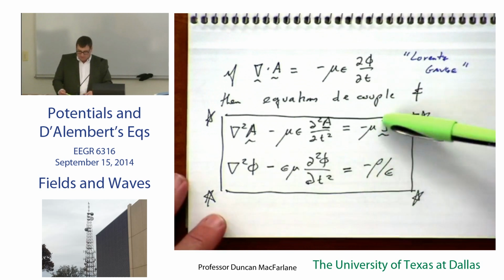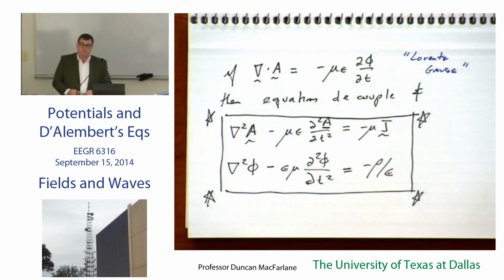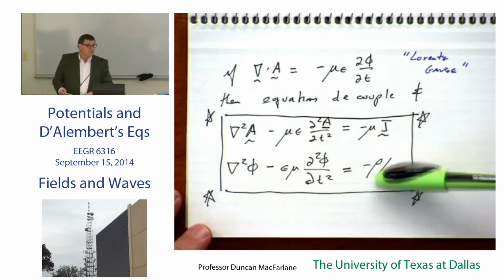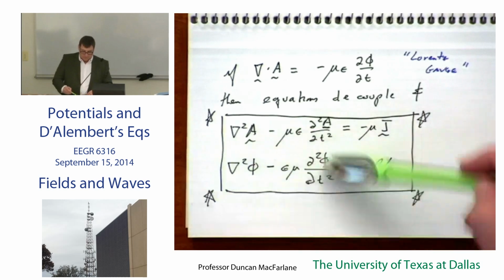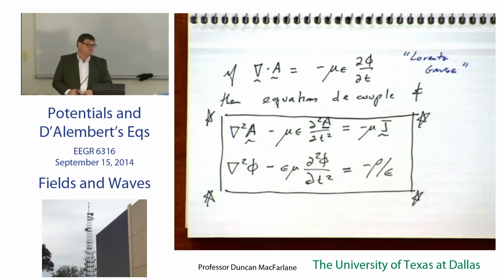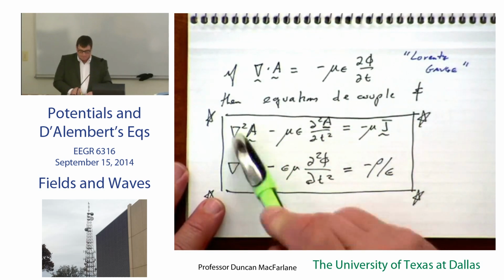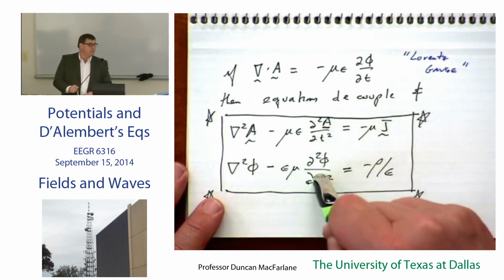On the right-hand side is moving charge, current. That's the forcing term for the vector potential A. And the right-hand side is static charge, rho. That is the forcing term for phi. The left-hand side, second derivative with respect to space, balanced by a second derivative with respect to time.